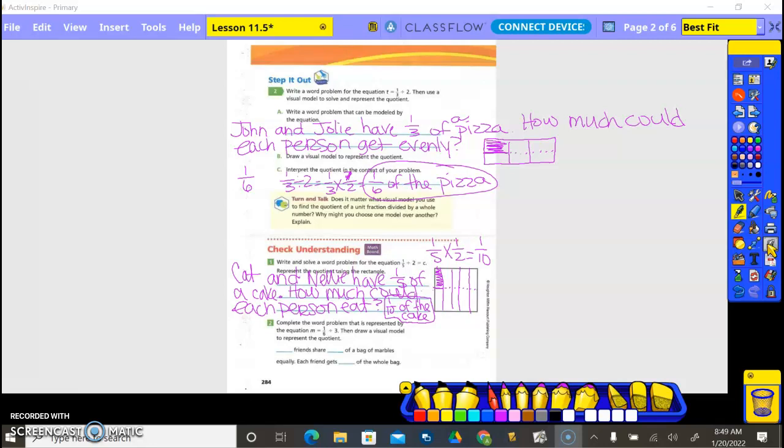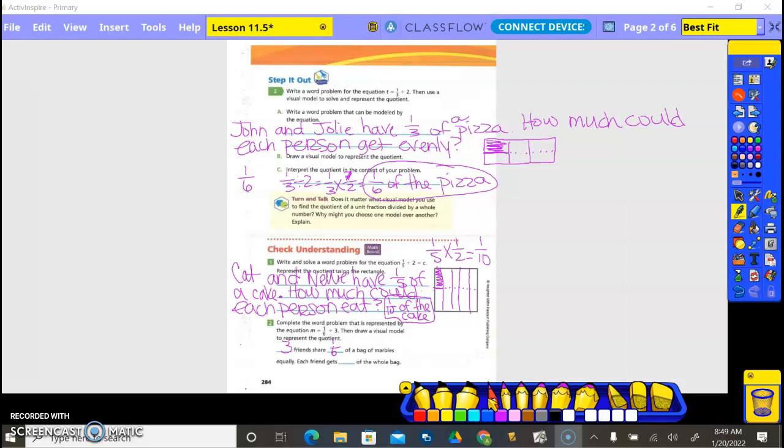Number 2, complete the word problem that is represented by the equation n equals 1/6 divided by 3. And draw a visual model to represent the quotient. Blank, friend, share. So 3 friends, right? You can't have 1/6 of a person. Share 1/6 of a bag of marbles equally.